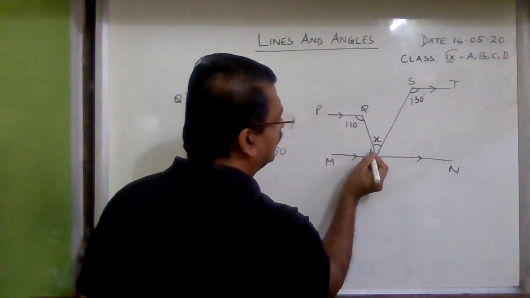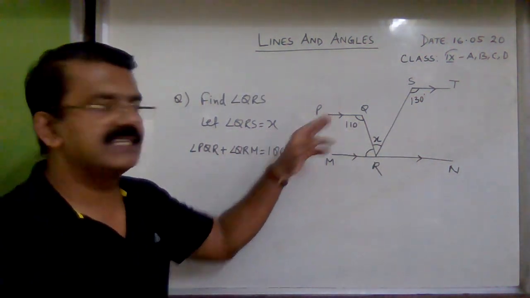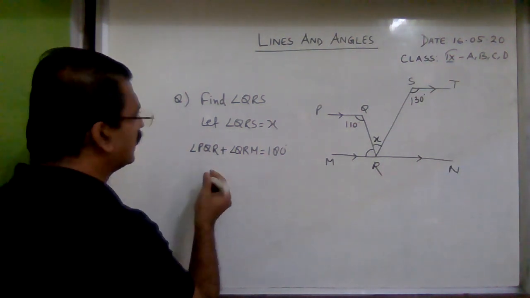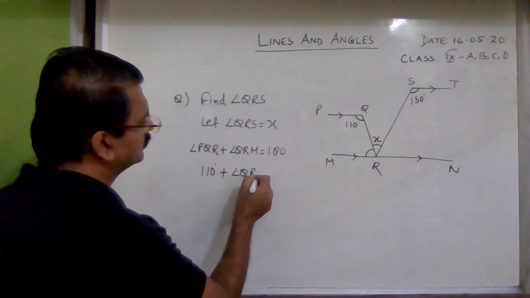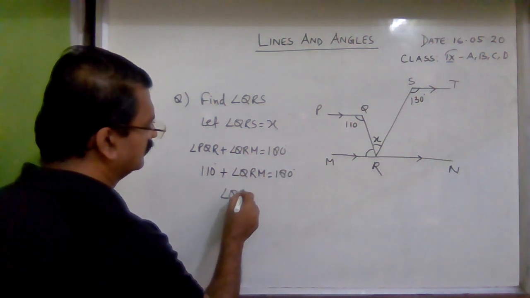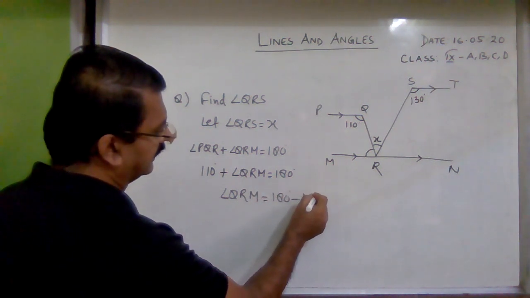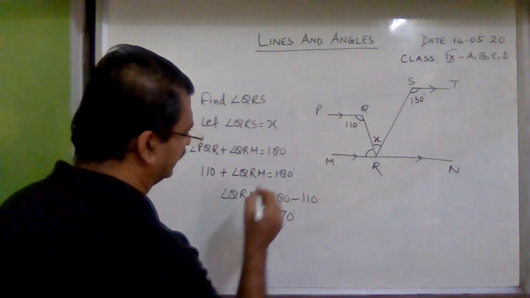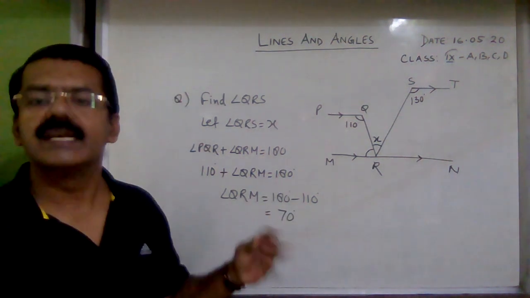So their sum will be 180. Now PQR is already given, 110, plus angle QRM is equal to 180. So angle QRM is equal to 180 minus 110, that is 70 degrees.